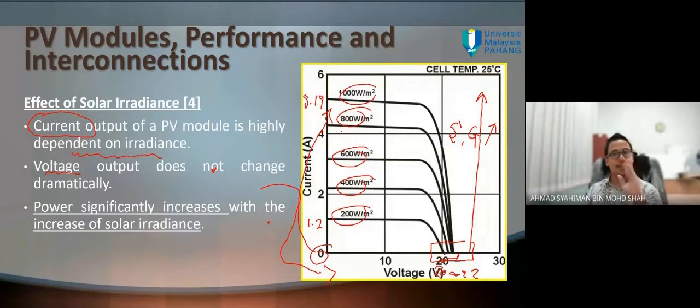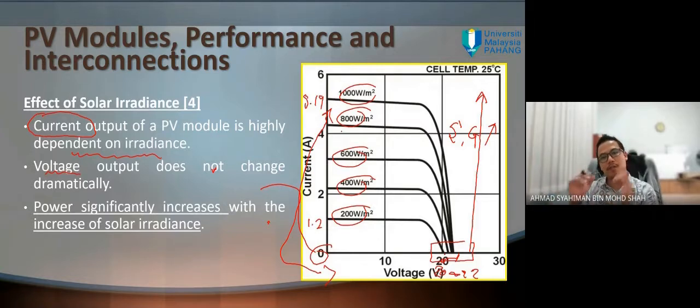We don't want any degradation or any shadow that blocks or shadows your module. It's very critical because once your module is shadowed by the trees or the buildings, it will totally degrade the output current that you may generate.